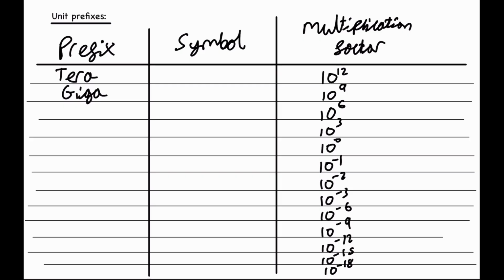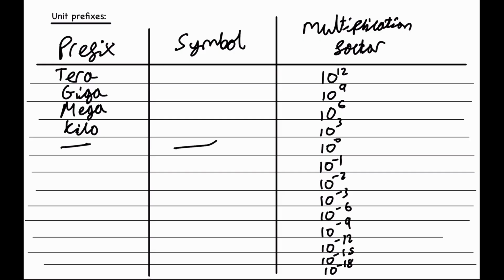The 10 to the 6 would be mega. 10 to the 3, the famous one, which is 1,000, would be kilo. And then 10 to the 0 would just be itself. So for example, meters, pascals, newtons, joules, because 10 to the 0 is just 1.